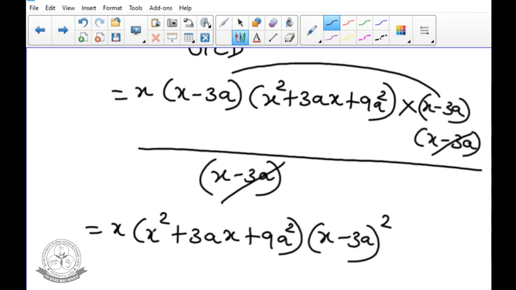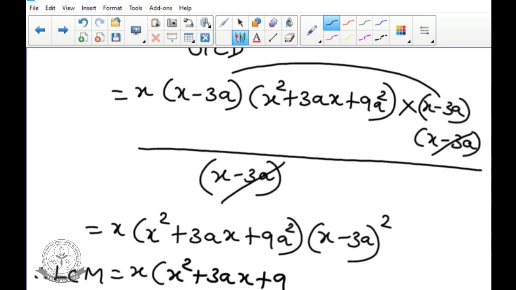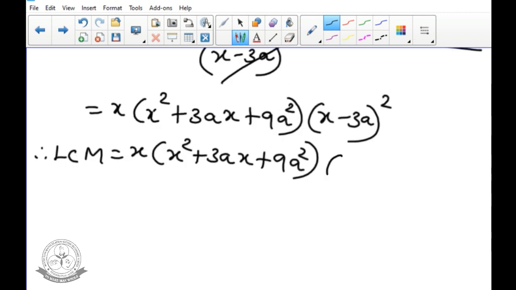Therefore, LCM equals x into x square plus 3ax plus 9a square into x minus 3a the whole square.